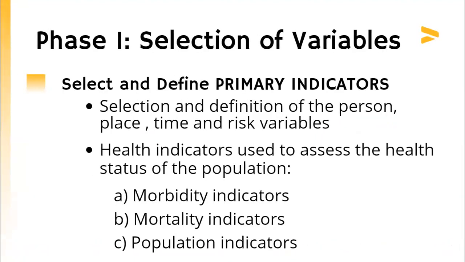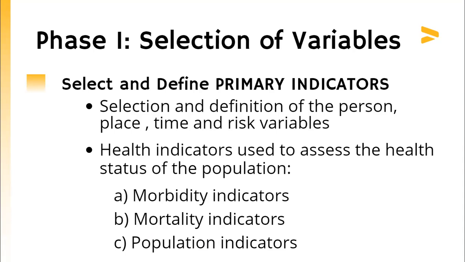After you have organized and laid down your variables of interest, you can now select which of these variables are considered your primary indicators. In selecting and defining your primary indicators, you also select and define the person, place, time, and risk variables.